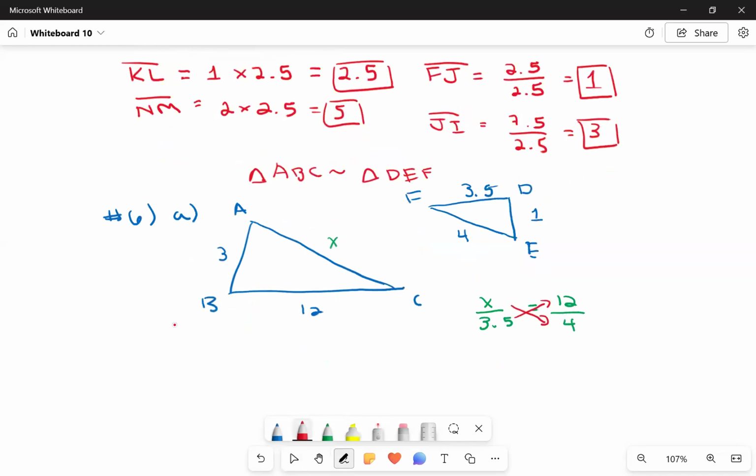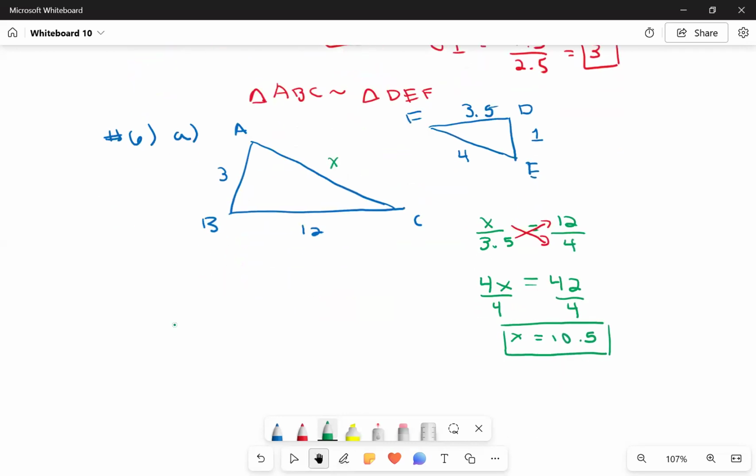So that would be X times 4, which I could just write as 4X, and then 12 times 3.5, which I'm using my calculator, that came out to 42. And then to solve this, I divide both sides by 4. And that gives me 10.5. So we can use an algebraic approach to solve these as well.